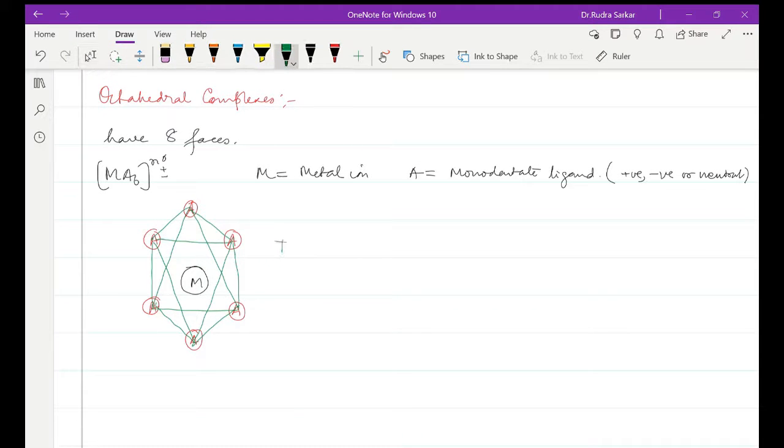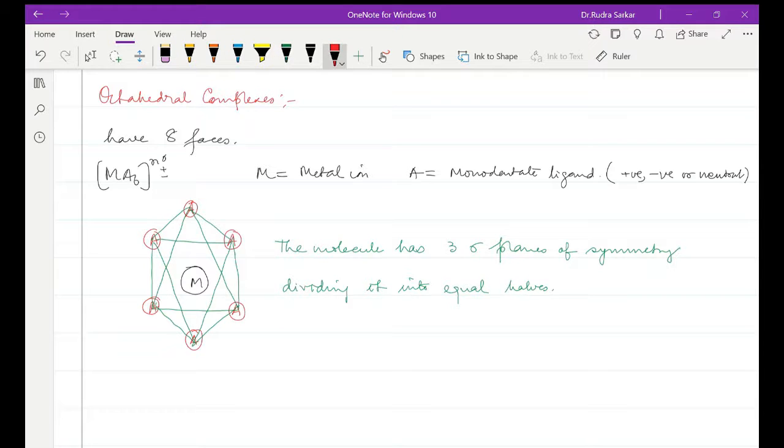Besides that, the molecule has 3 sigma planes of symmetry dividing it into equal halves, and one such sigma plane of symmetry can be easily shown by joining these 4 atoms over here.